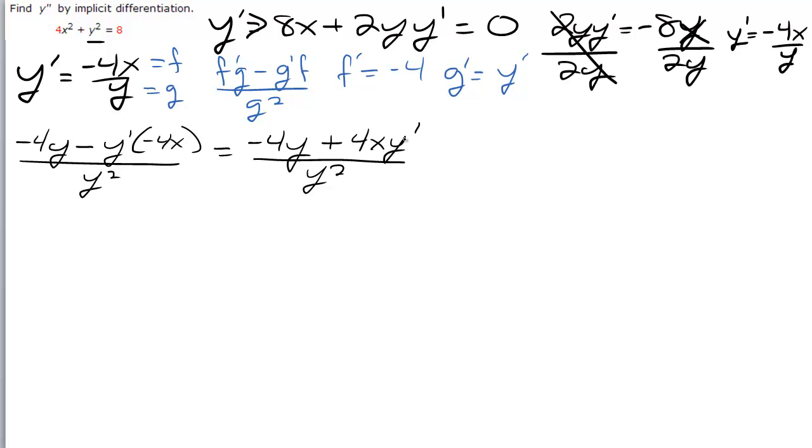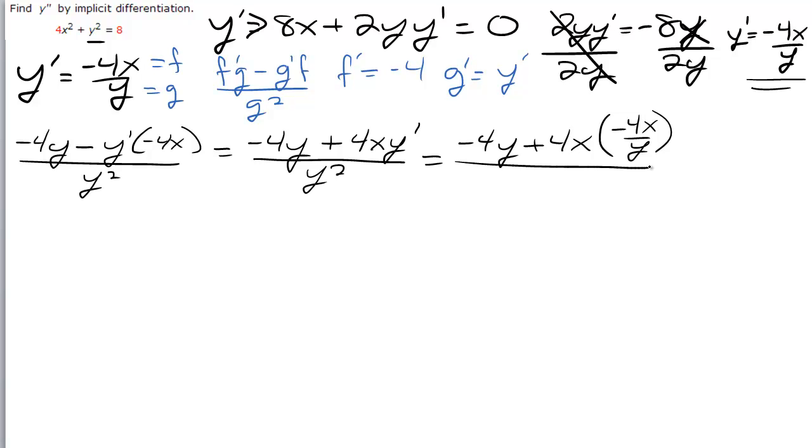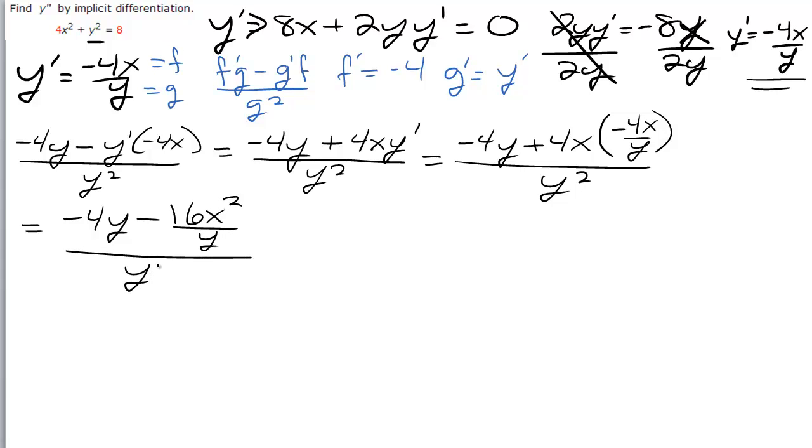But we notice we have a y prime here, and we can do a substitution with what y prime equals. So this is negative 4y plus 4x times negative 4x over y all over y squared, which now gives us negative 4y minus 16x squared over y, and then that whole thing is over y squared. All we did was combine this. Negative 4x times 4x gives you the negative 16x squared all over y.